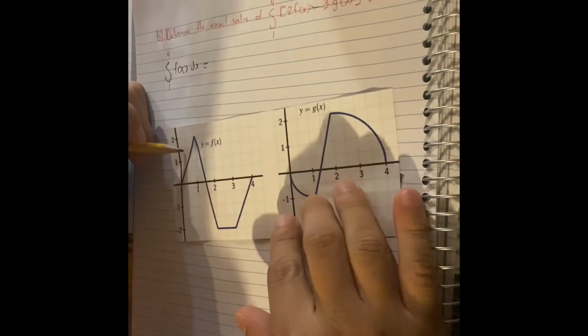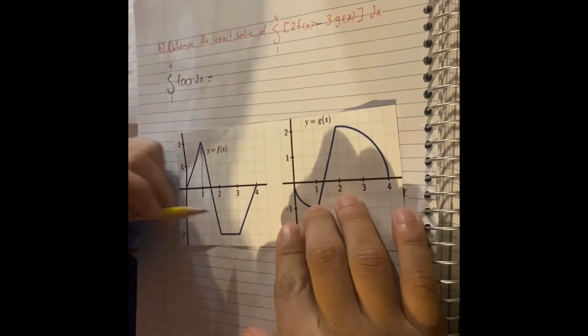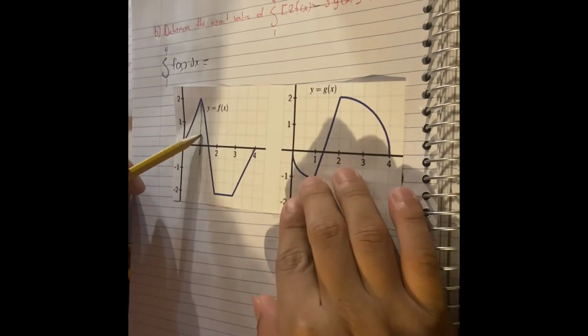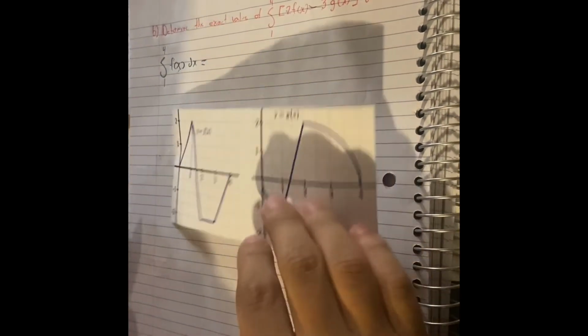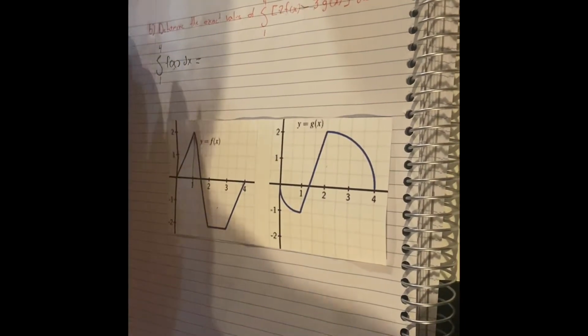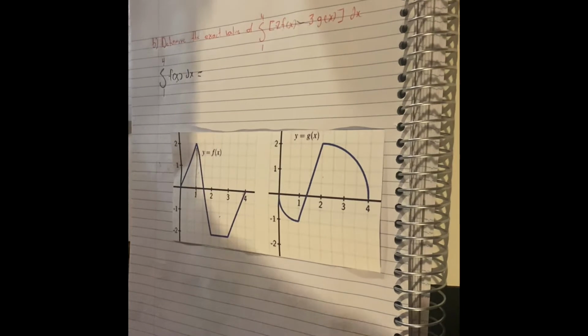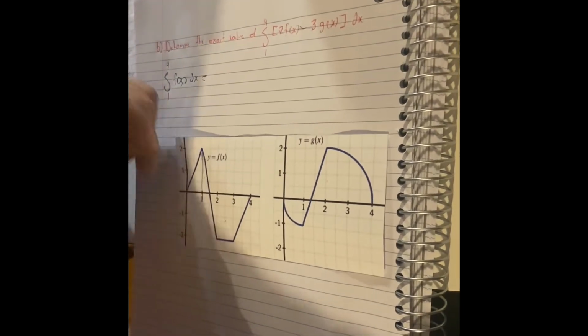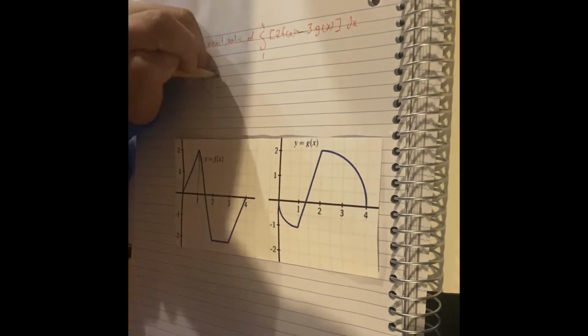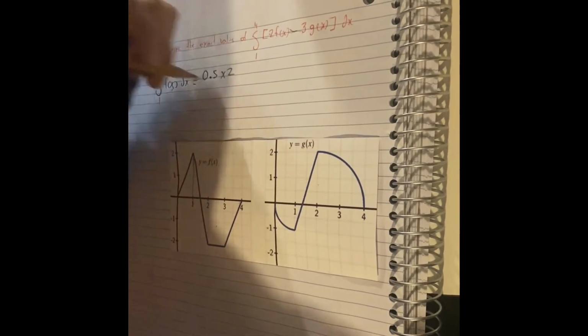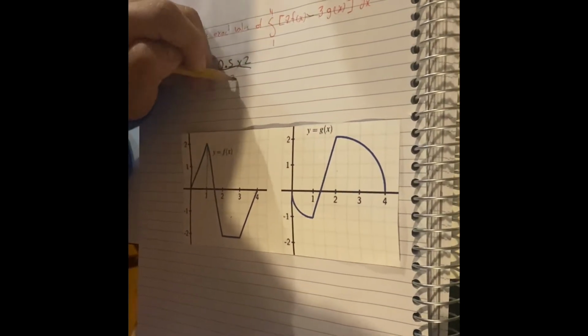Notice that here we have two geometrical figures, which are the triangle and the trapezoid. So to find the integral of this, we're just gonna add the area of this and this. We have again a triangle here, so we're just gonna do the same formula. The base is gonna be 0.5, the height is gonna be 2, and we're gonna divide everything by 2.